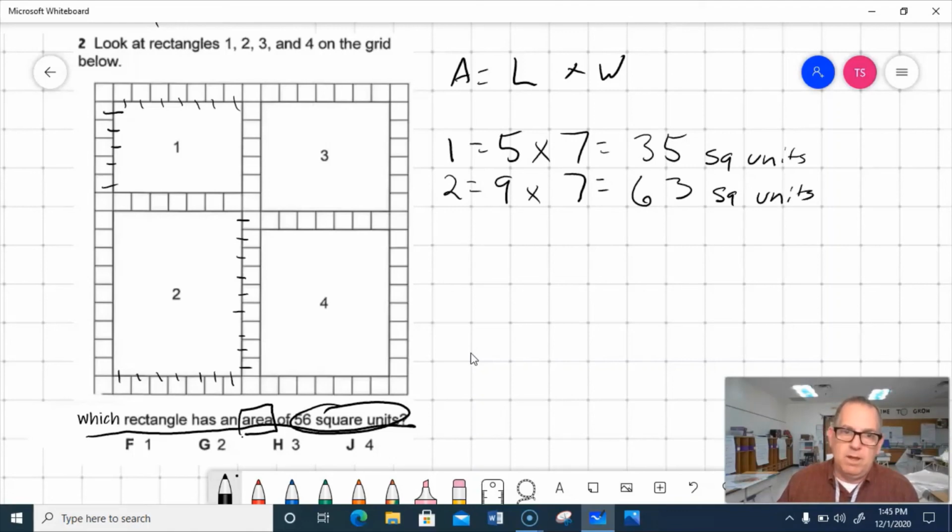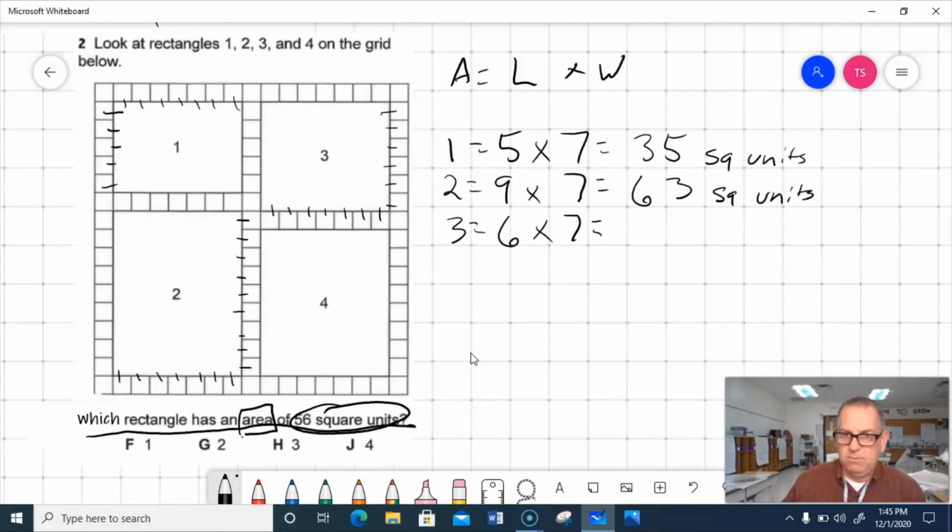Okay, rectangle 3. What is the length and width of rectangle 3? That's right. It is 1, 2, 3, 4, 5, 6. So it's 6 by 1, 2, 3, 4, 5, 6, 7. What is 6 times 7?